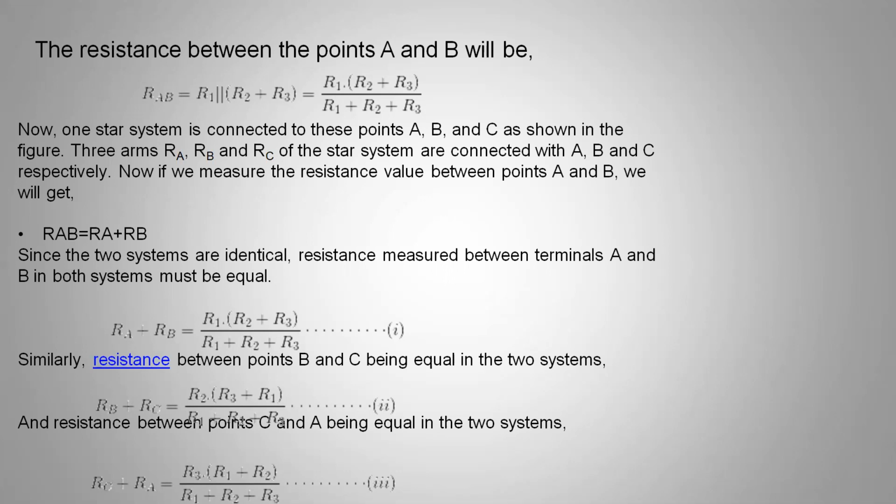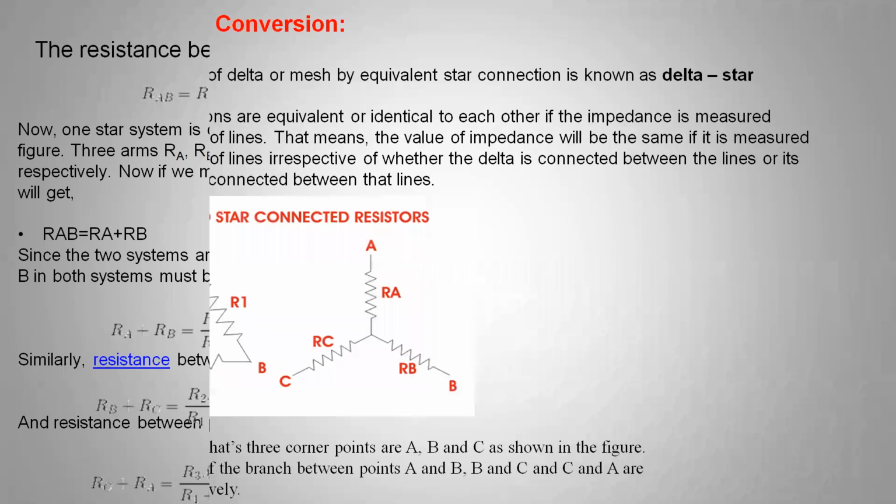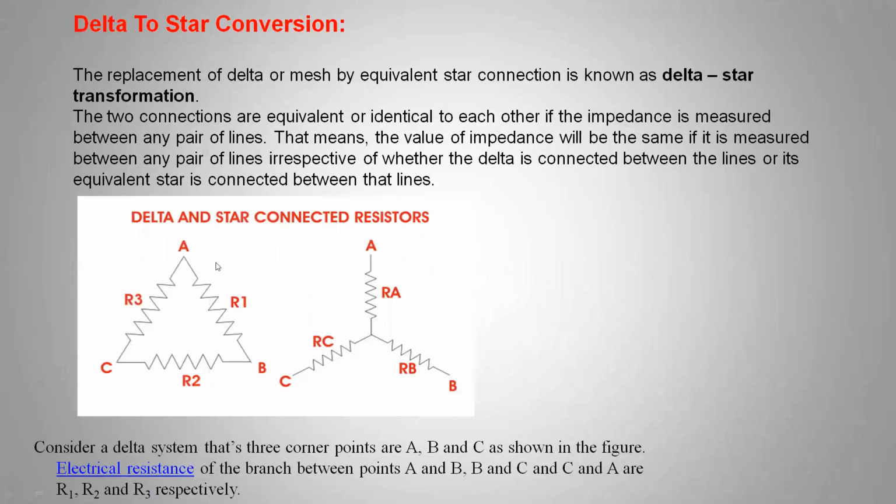Similarly, the resistance between points B and C. What did we do before? We did A and B. Now we are doing B and C, the resistance between B and C. Tell me, Praveen.